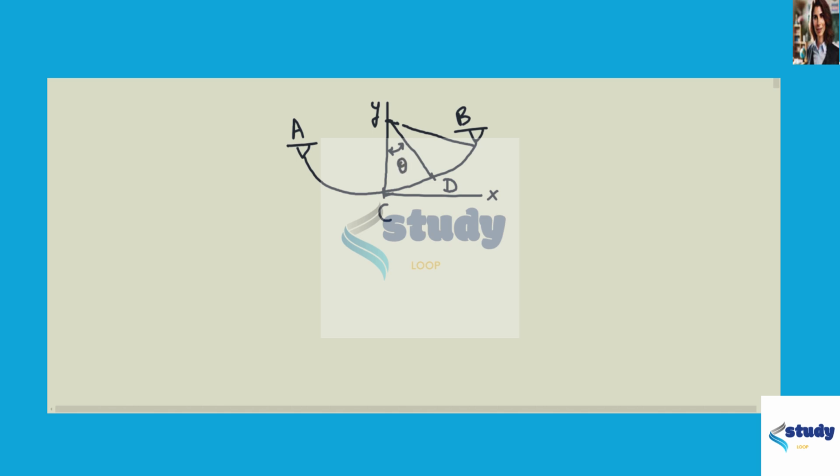So it is asked in this question that if the weight per unit length of the cable is given to be W naught over cos square theta, prove that this cable makes a circular arc, that AB is an arc of a circle.